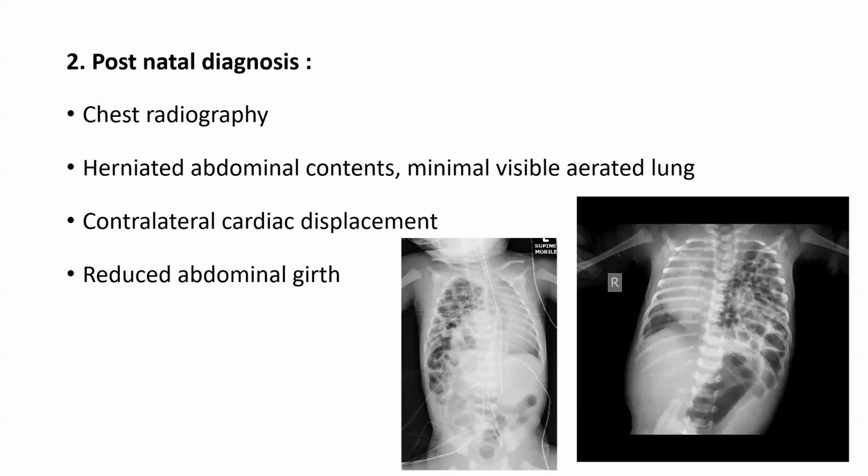Further evidence supporting the diagnosis includes contralateral cardiac displacement, mass effect over the contralateral lung, and reduced abdominal girth. Occasionally, the herniated liver is the only sign suggesting right-sided congenital diaphragmatic hernia. In this case, a large right thoracic solid mass without the normal abdominal shadow supports the diagnosis.